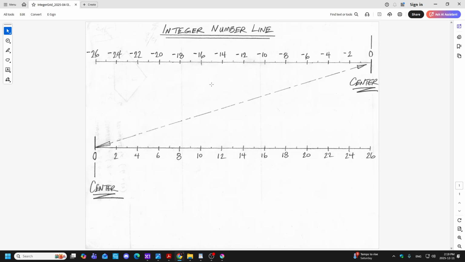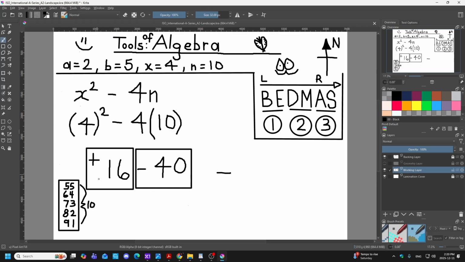I mean, it could go on forever, right? But my point is, I'm here in the -40, way out here, and I need +40 jumps to the right just to get to 0, okay? That's the concept I want you to understand. Because we're only doing 16 jumps, we're still going to be in the negative zone. That makes sense?